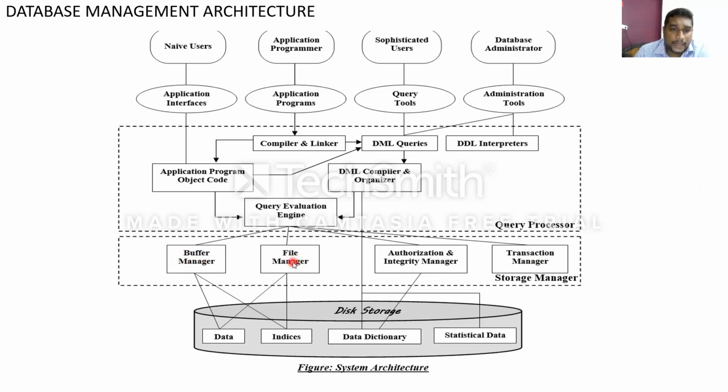Whether the data has memory or not is maintained by the file manager. And the last one is the database level. At the database level, we use a performance technique called indexing. Based upon indexing, the data can be retrieved very fast. And the data dictionary consists of metadata, and statistical data consists of OLAP and OLTP.